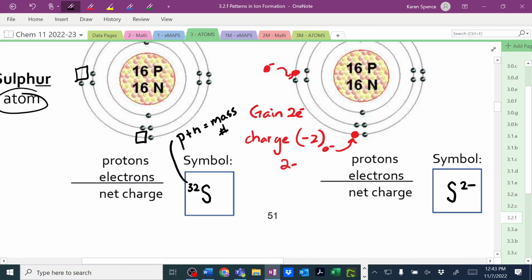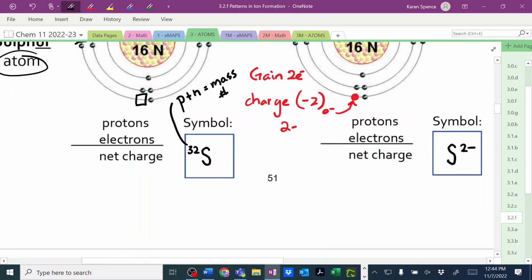Remember what's the difference between mass number and atomic mass? Tell your partner. Okay, so what is the difference between the mass number and the atomic mass?